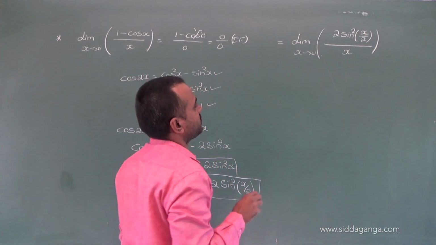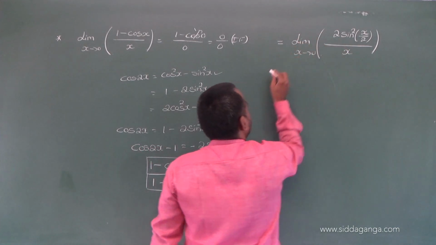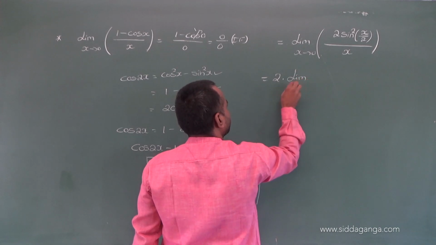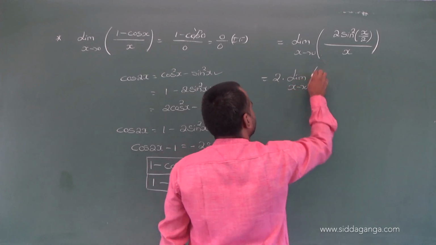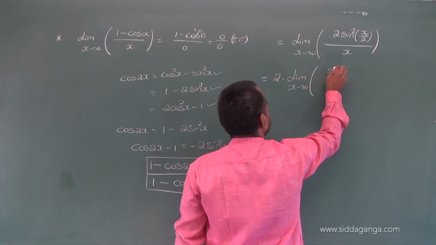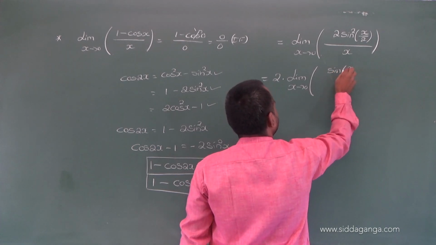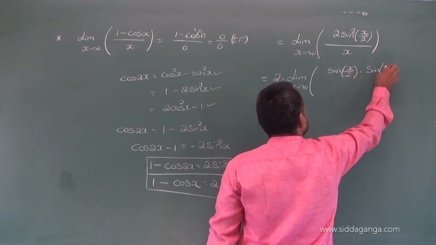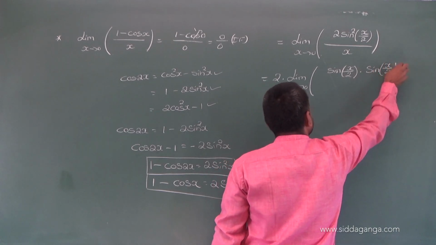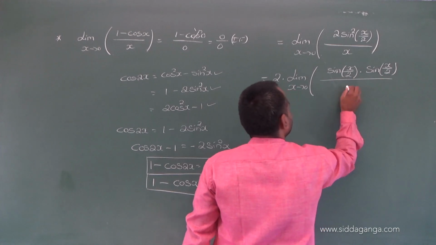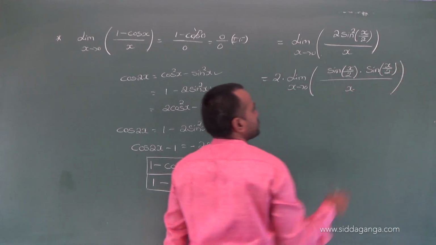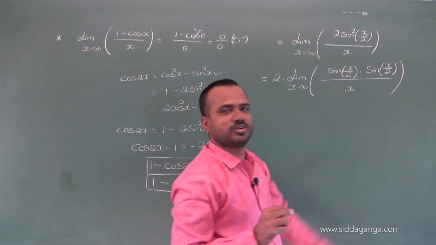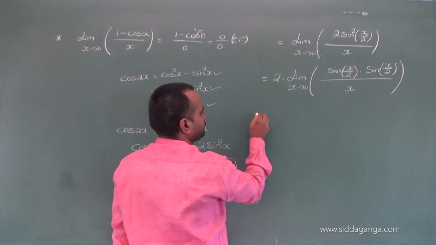Understand? Okay. The 2 goes outside. A square we write as a into a, that's why sin x by 2 into sin x by 2.